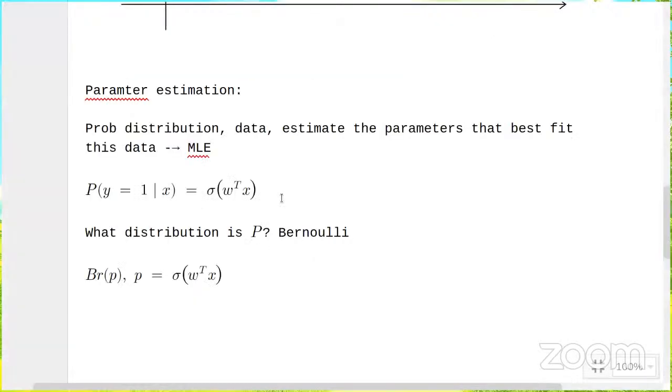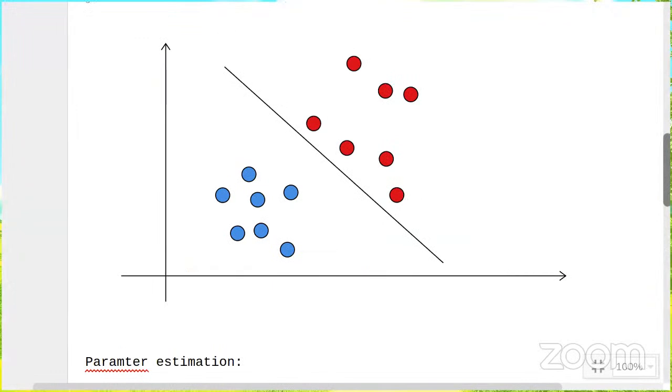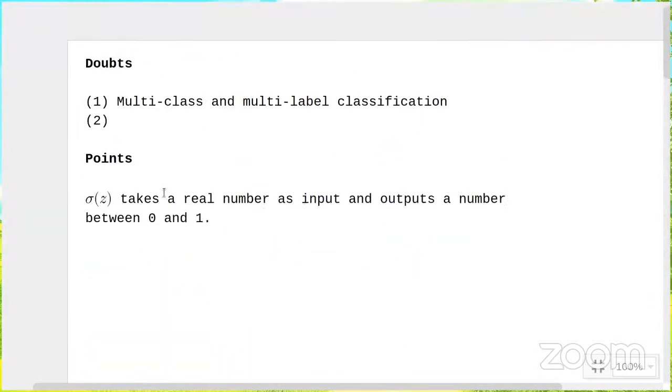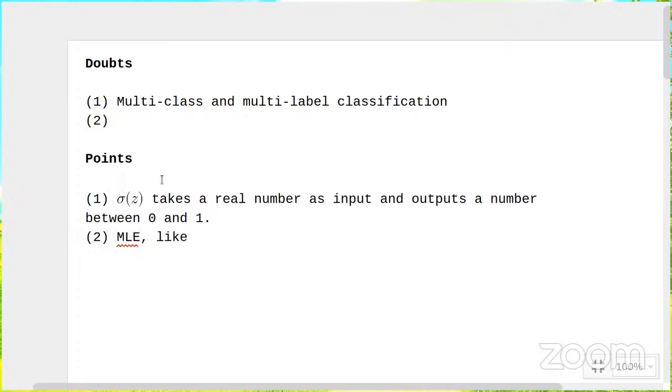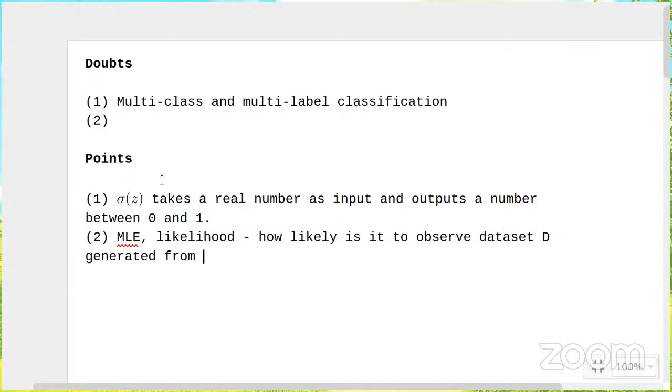So I'll just repeat that. Here, what we are doing is MLE, where we are computing the likelihood, which is nothing but how likely it is to observe the data set D generated from P of y given x.